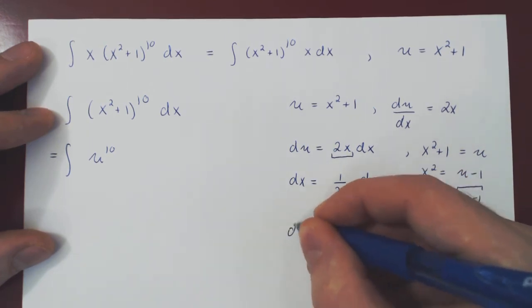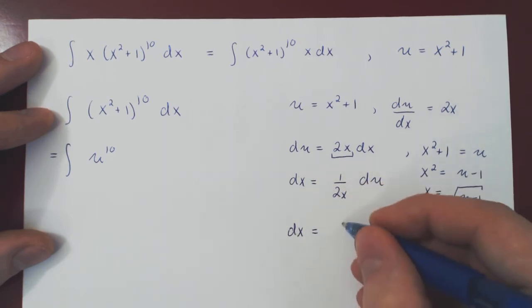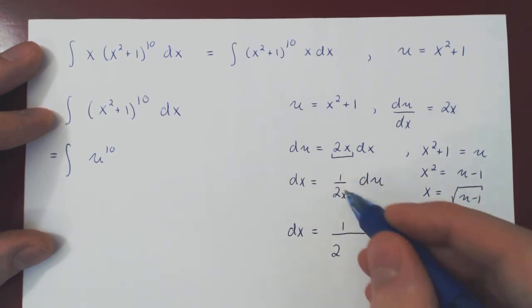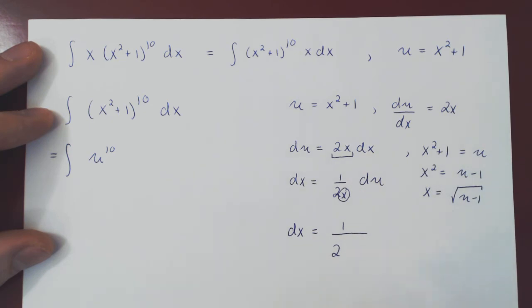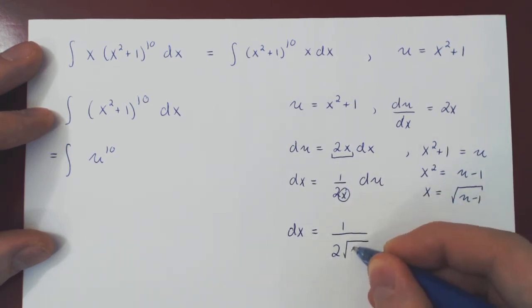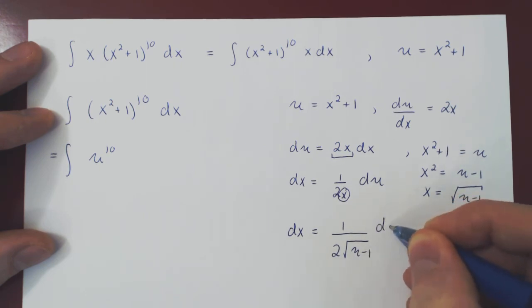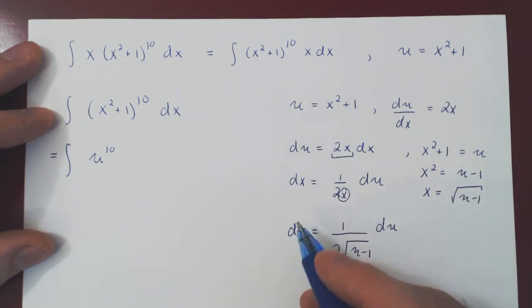So now you have x as a function of u. But look at what's going to happen. dx will be 1 over 2 times x, but as a function of u, x is the root of u minus 1, times du. And now you have replaced dx as a function of u only.